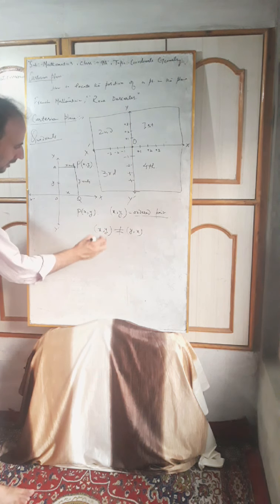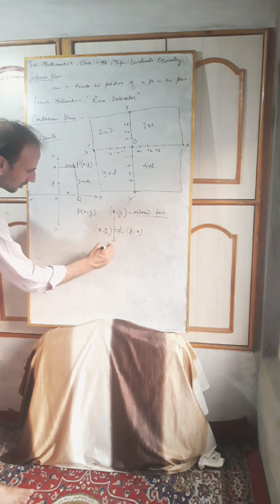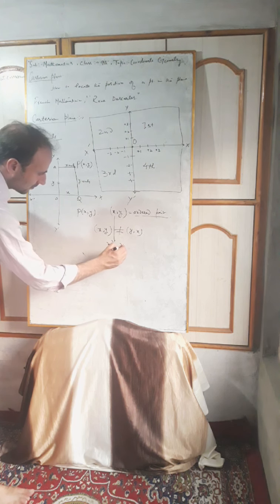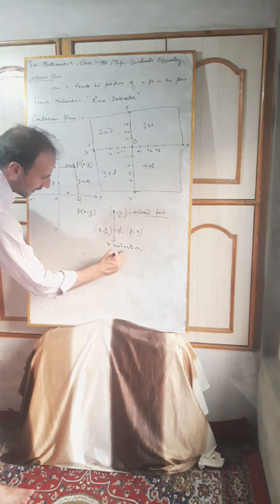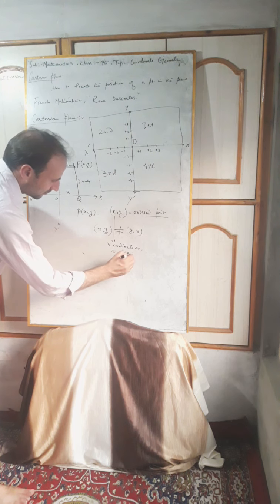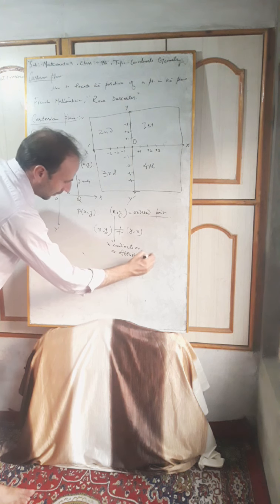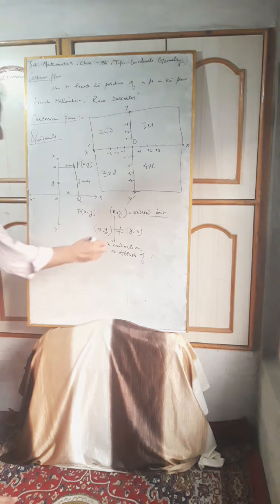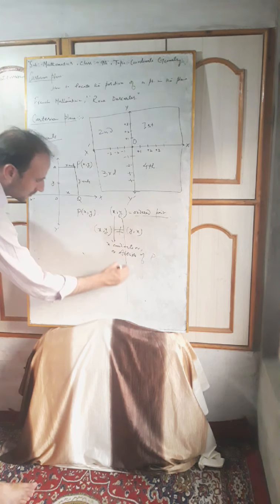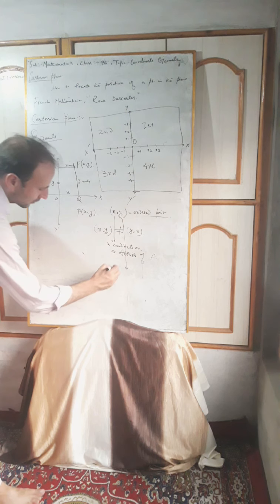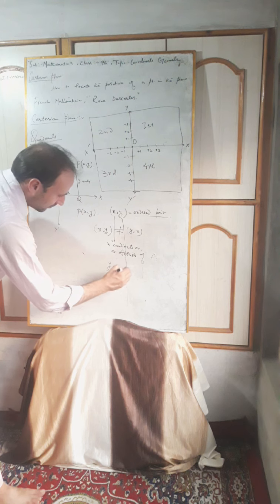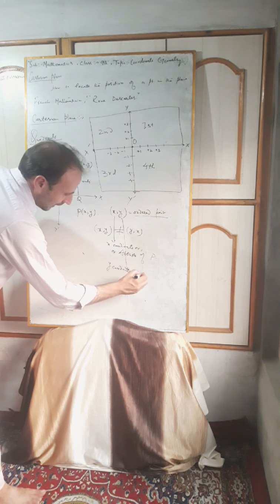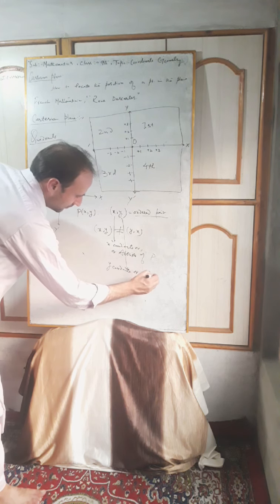The first coordinate x is called the x coordinate, or the abscissa of the point P. The second coordinate y is known as the y coordinate, or the ordinate of P.